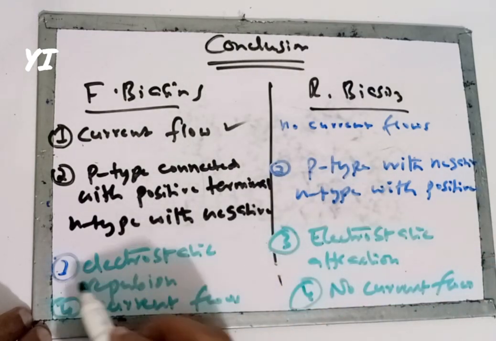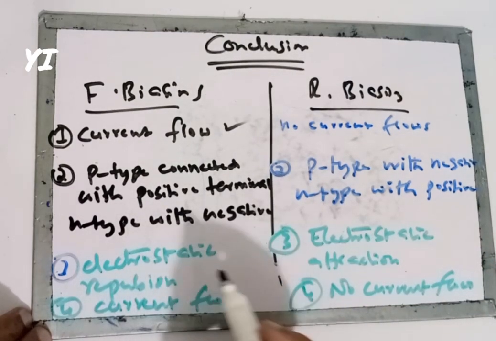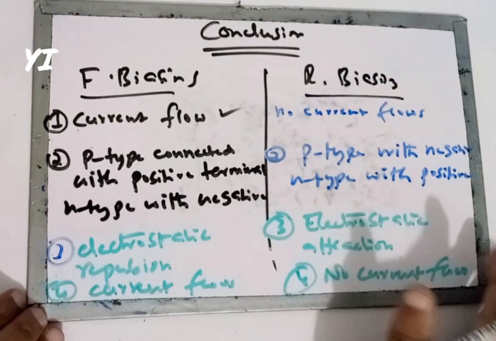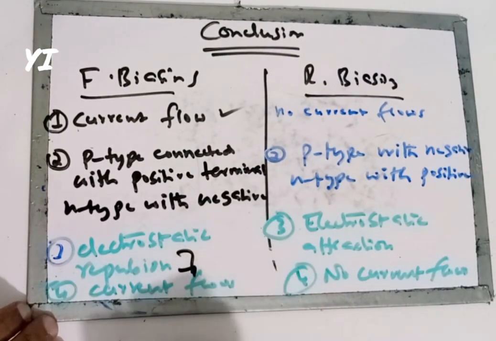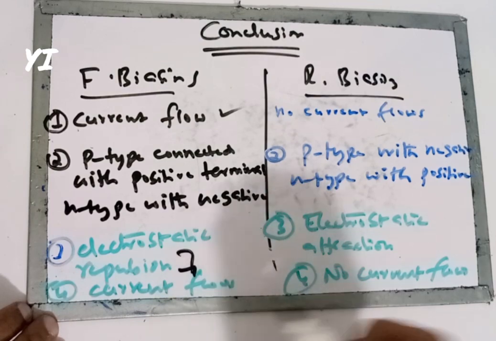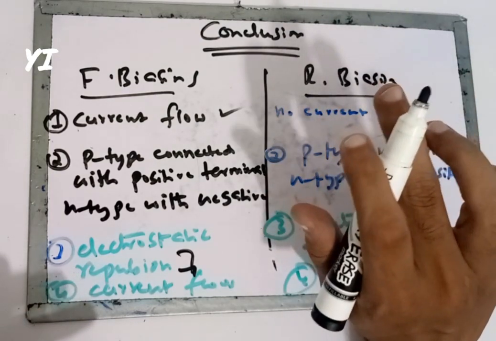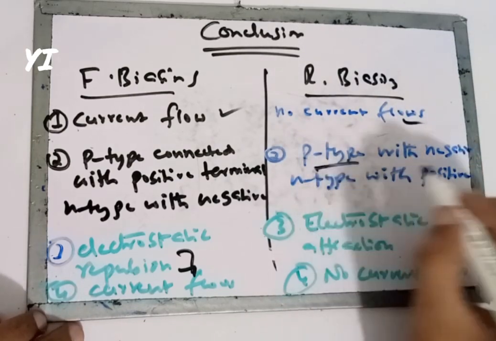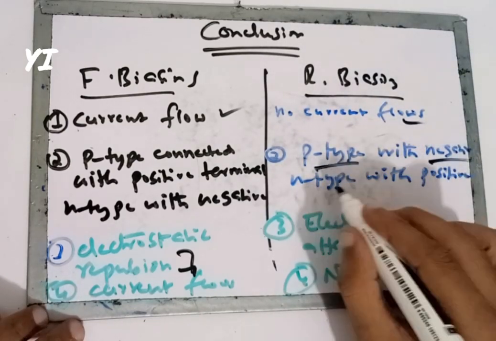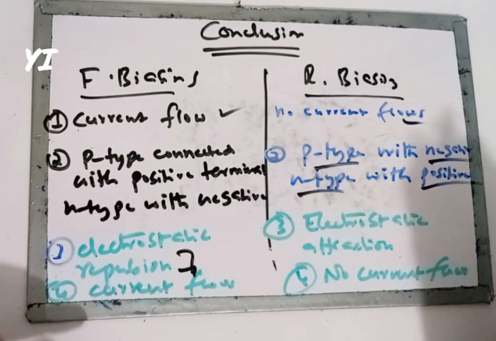Now in forward biasing there is electrostatic repulsion, and because of that electrostatic repulsion the current flows. And in reverse biasing there isn't any flow of current, and p type material is connected with the negative terminal and n type material is connected with the positive terminal.